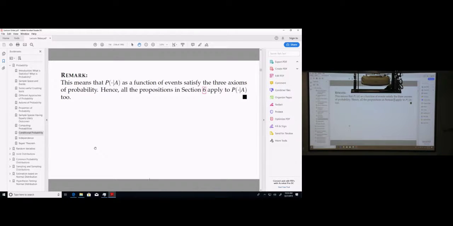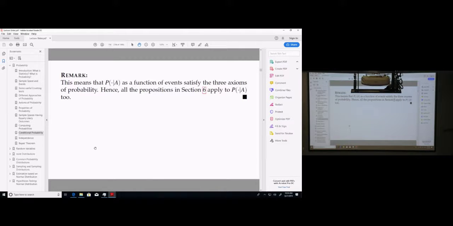So for example, if you are computing the probability of B complement conditioned on A, it would be 1 minus the probability of B conditioned on A. That is the same as the probability of the complement being equal to 1 minus the opposite, but now all the probabilities are conditioned on A. So you just replace your argument by conditioning on A. And then if B is a subset of C, then the probability of B conditioned on A would be less than or equal to the conditional probability of C conditioned on A. So you just add the condition on A throughout everything that you have.